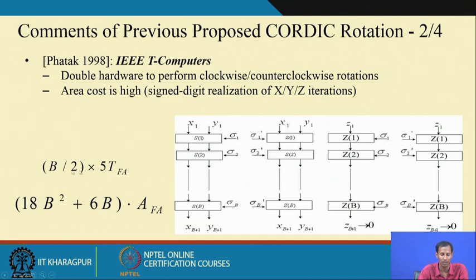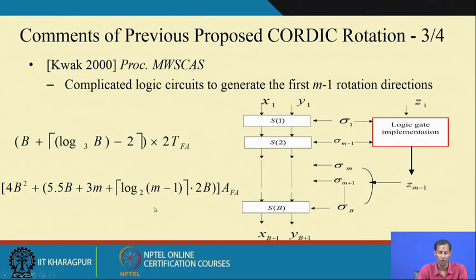So, here you see the delay is much lesser, that is B by 2 into 5 into TFA, whereas area wise it is 18B square plus 6B into AFA. So, area wise it is much more costly. Then again in 2000, one more work was produced, where a complicated logic circuit generates the first m minus 1 rotation directions.